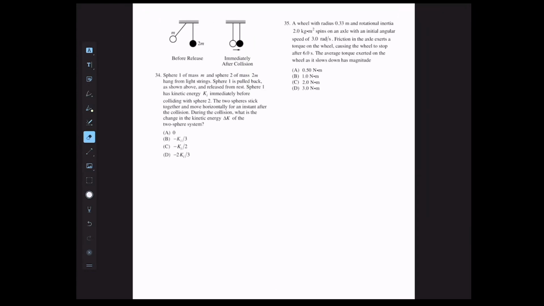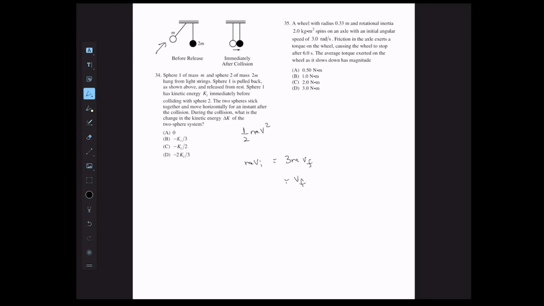Okay, so for number 34, it's asking for what's the change in kinetic energy. So the initial kinetic energy is just from this first sphere, because it's the only one moving. So it's 1/2 mv squared. And then the final velocity: mv initial equals 3m vf.